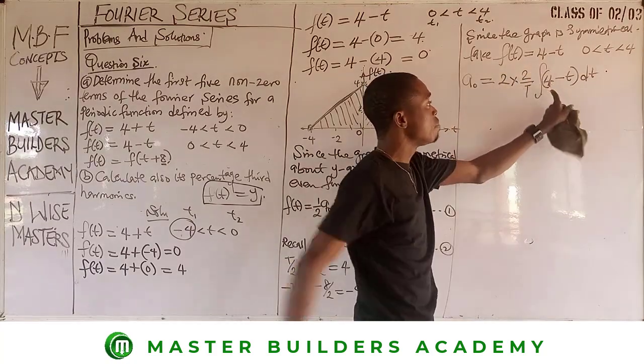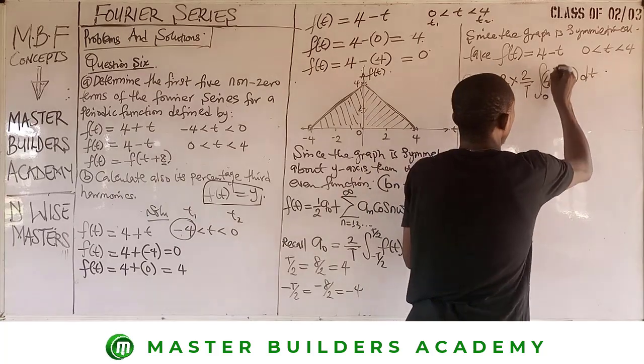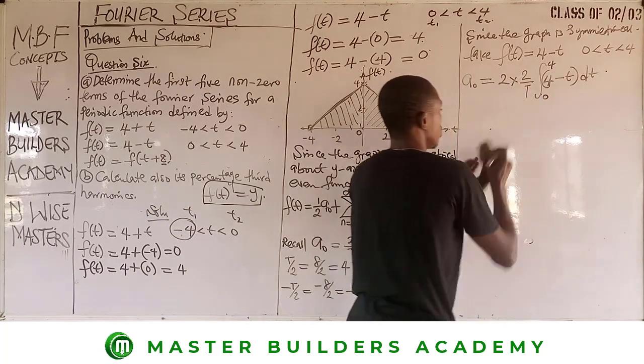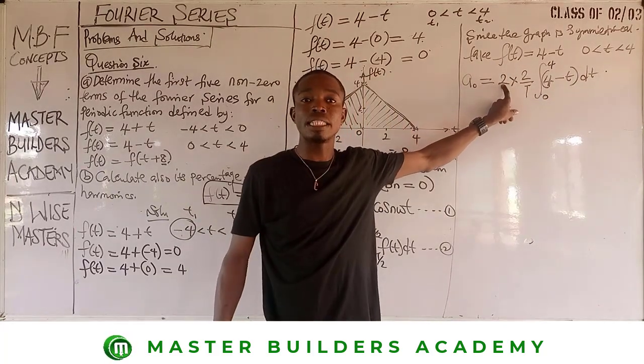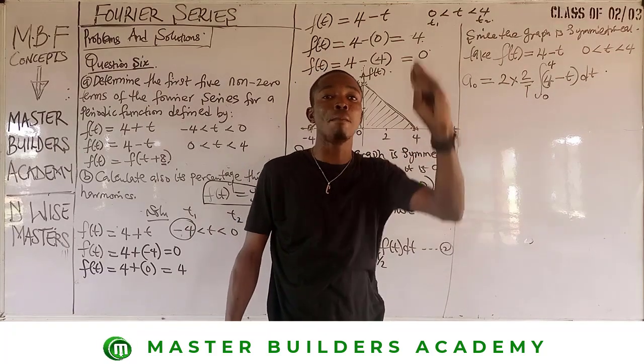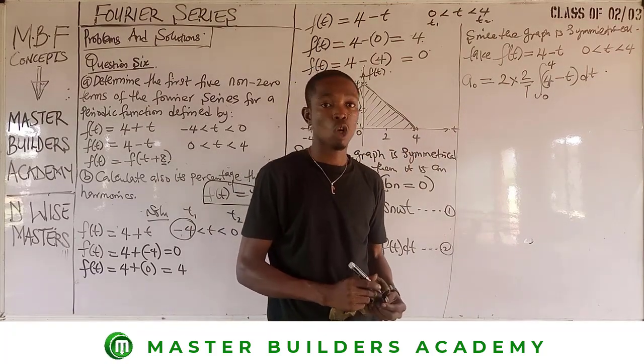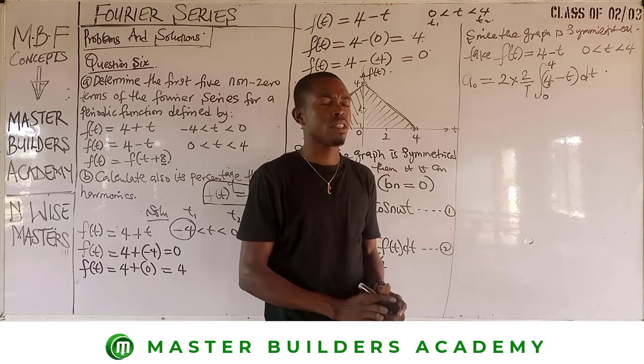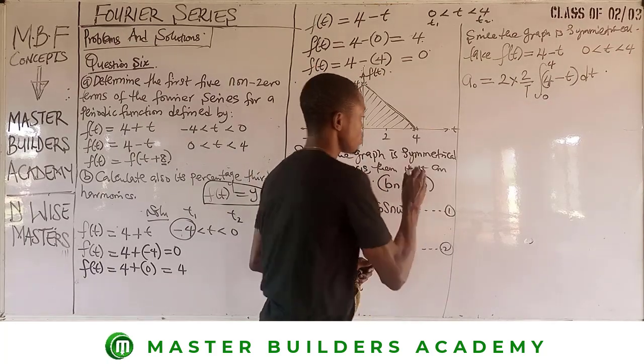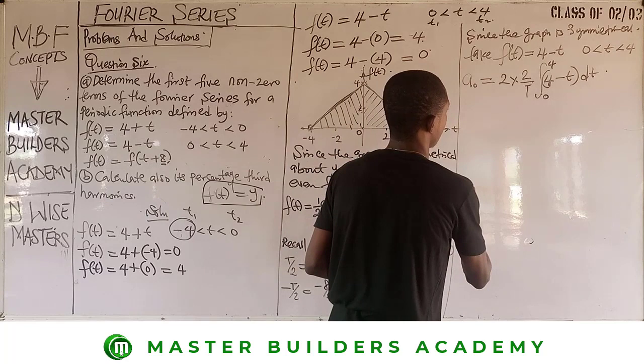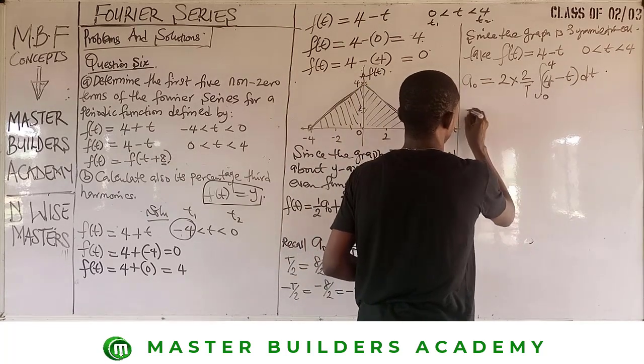Then I will use the limit for this function, 0 to 4. So these two that I just multiplied the model with are covering for both functions.